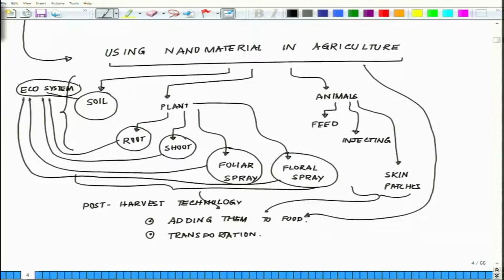So all gets into the ecosystem, and eventually this part of the soil what we are talking about is actually allowing these things to become part of the water body.